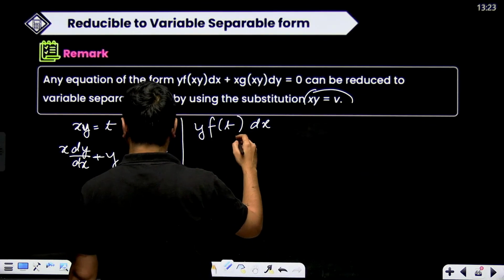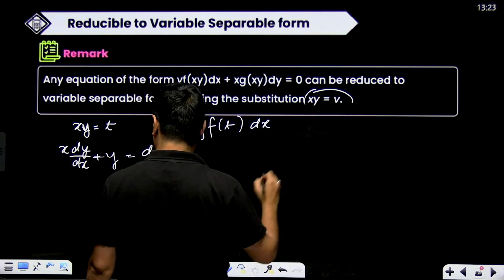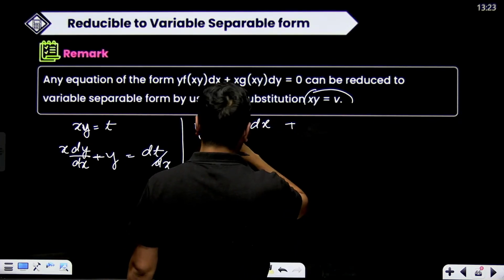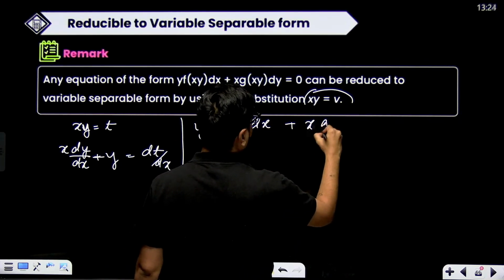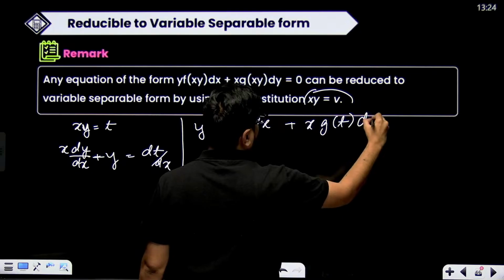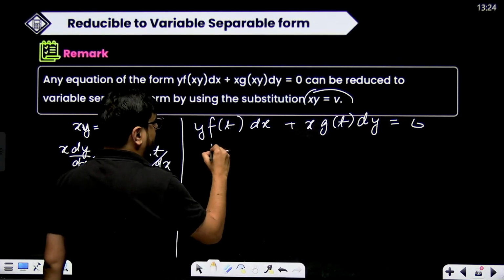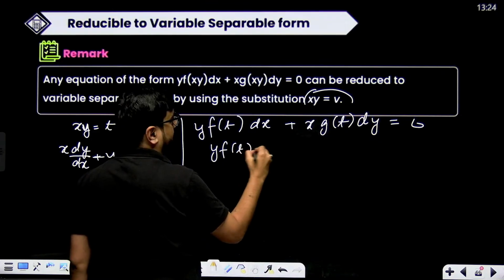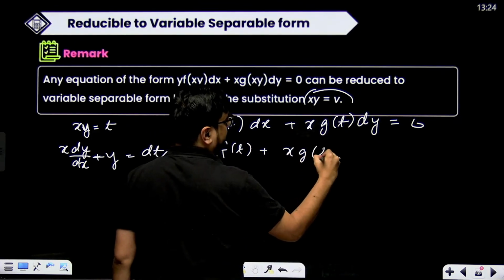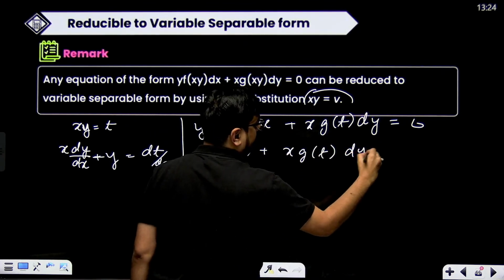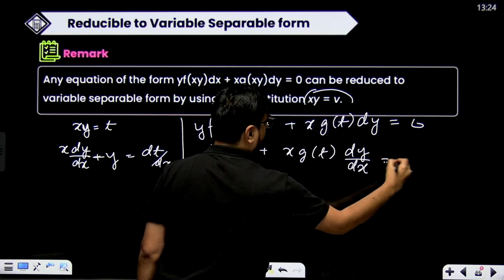First let me write the same form, plus x g of t dy. All right, now dividing by dx, this will become y f of t plus x g of t dy by dx equal to 0.